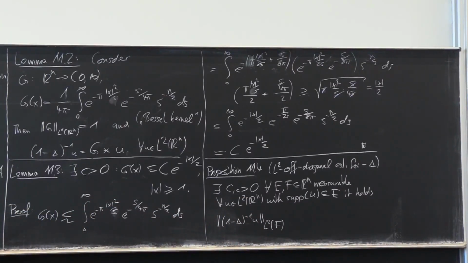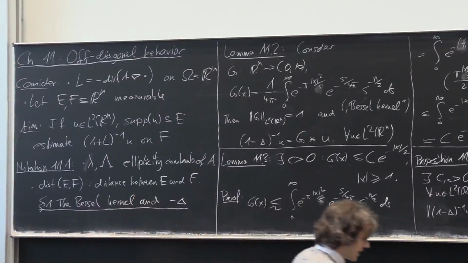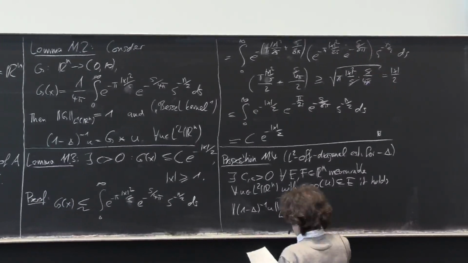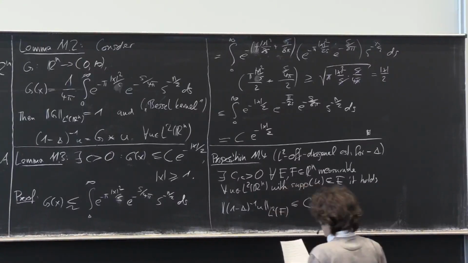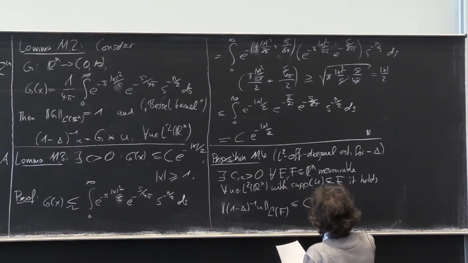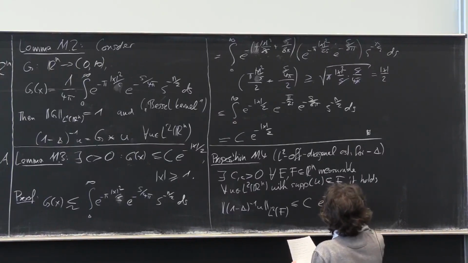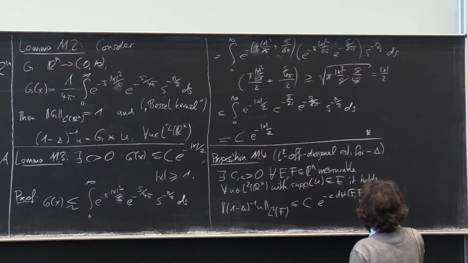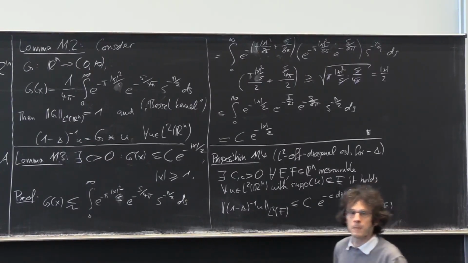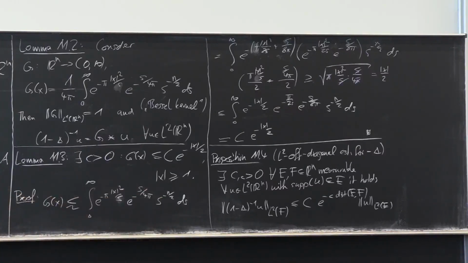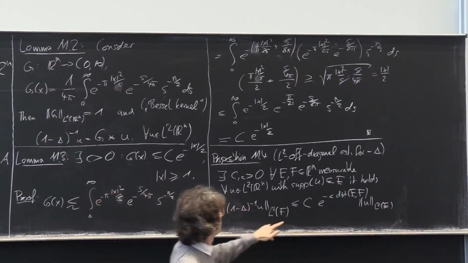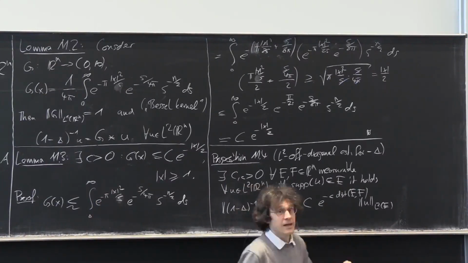We want to estimate the resolvent of the operator on F, and we want to see how this depends on the norm of u on E. And the claim is that this is less or equal than the constant capital C, then the exponential decay e to the minus small c distance of E and F, times the L2 norm of u on E. So this tells you, if you start with a function u and you look at what the resolvent does on F, and if F goes farther and farther away from E, then the contribution decays exponentially in the distance.